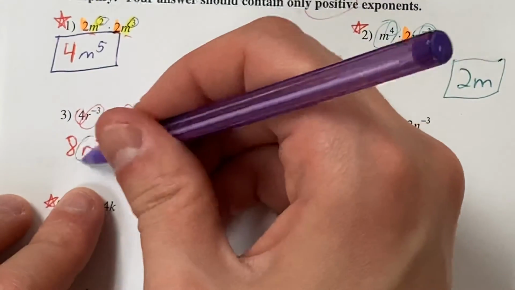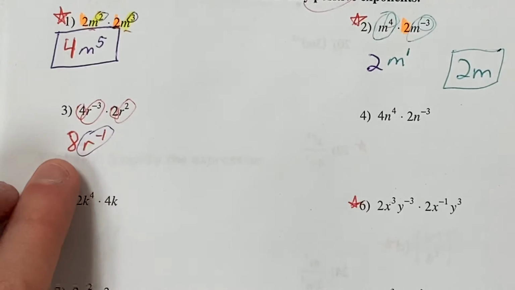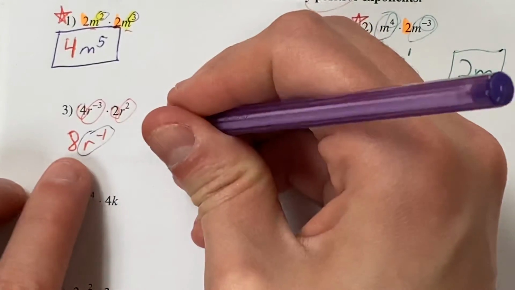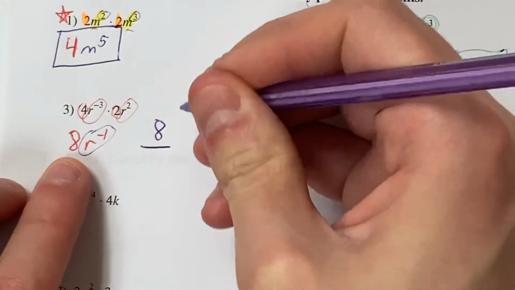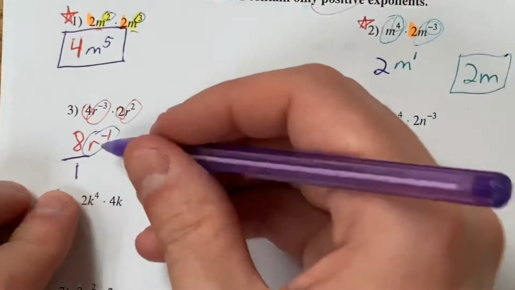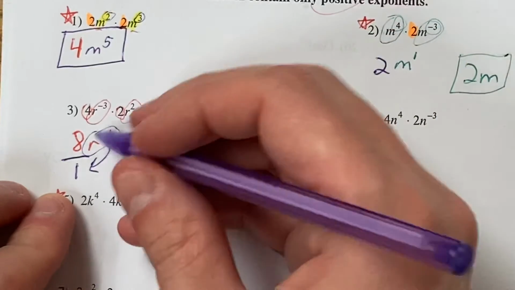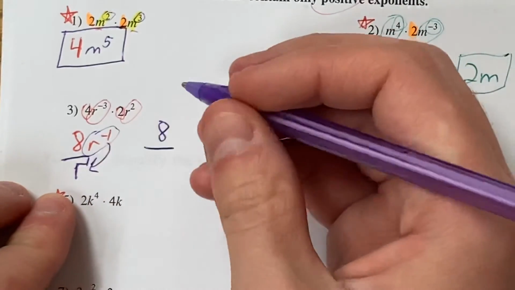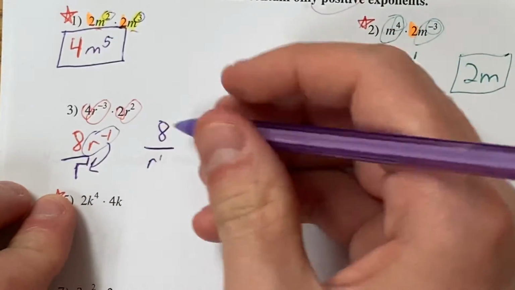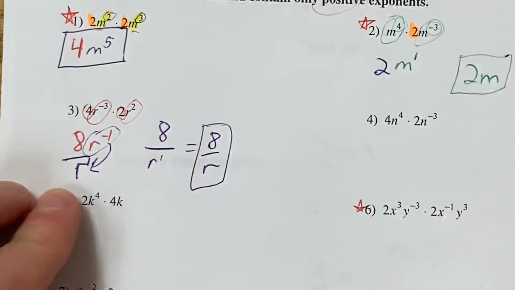Since r is to the negative first power, that is going to become the fraction part. Notice the 8 does not have a negative exponent. Because the 8 does not have a negative exponent, it gets to stay where it is, just like a regular 8. It's the r to the negative first that's going to go to the bottom. So this would be an r to the first on the bottom. And that's what you get.